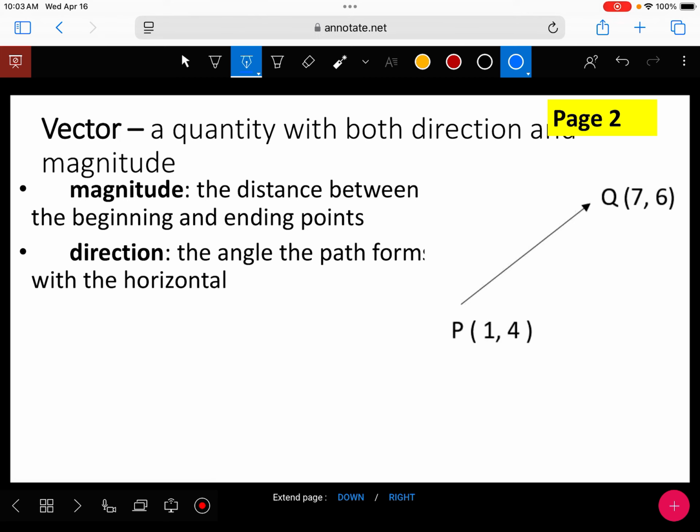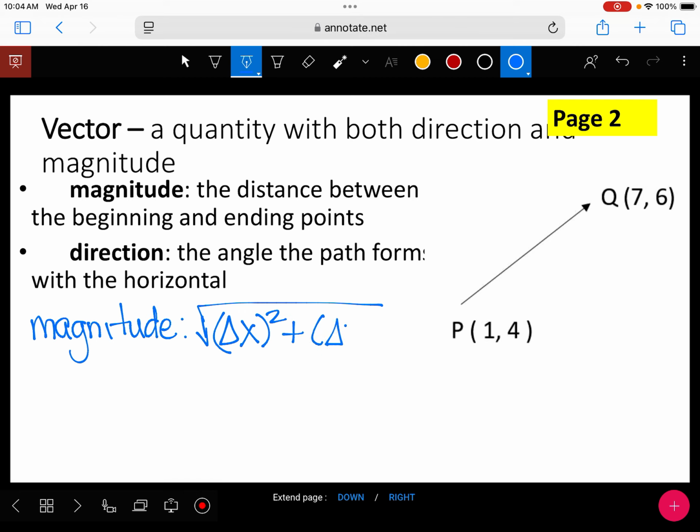The formula for magnitude is equal to the square root of the change in x squared plus the change in y squared.